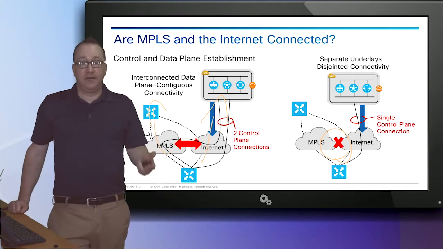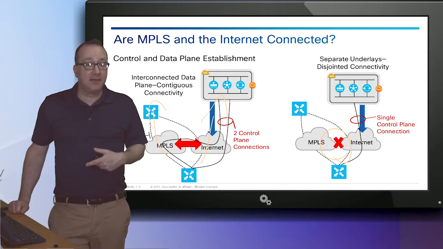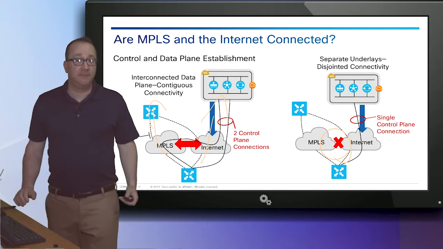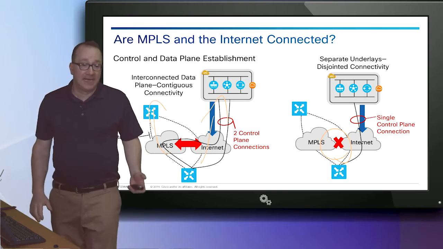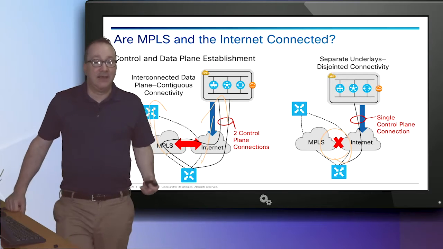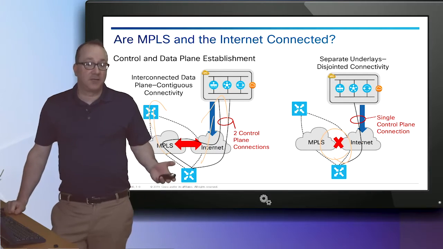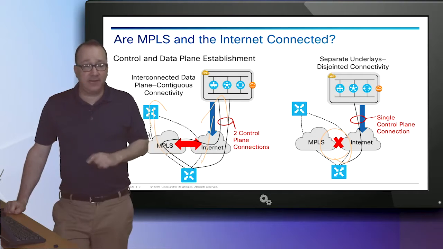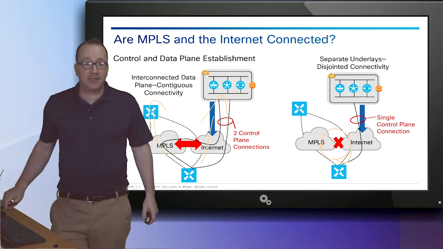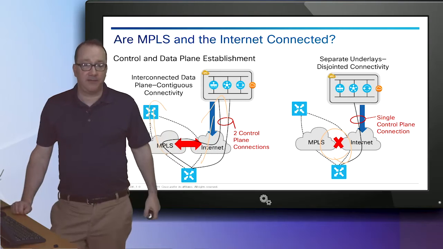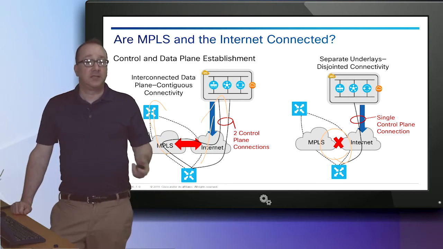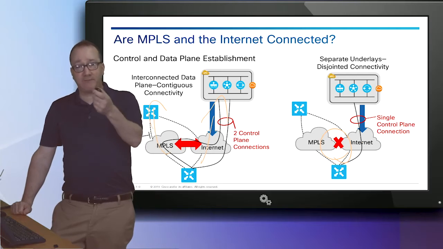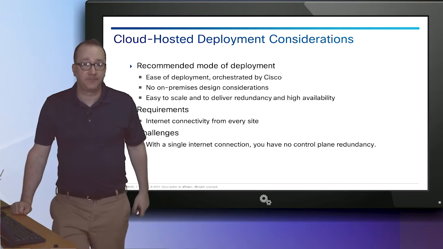Now we'll still be able to route traffic, but we won't be able to distribute or make any changes to anything. Consequently, if there's a local fault, the controllers are lost. Now the data plane connectivity, we can still go through the MPLS cloud, which we'll discuss in a topic on high availability. Even if we lose that internet connection, we'll still have connectivity over the MPLS. We just won't have control plane connectivity.